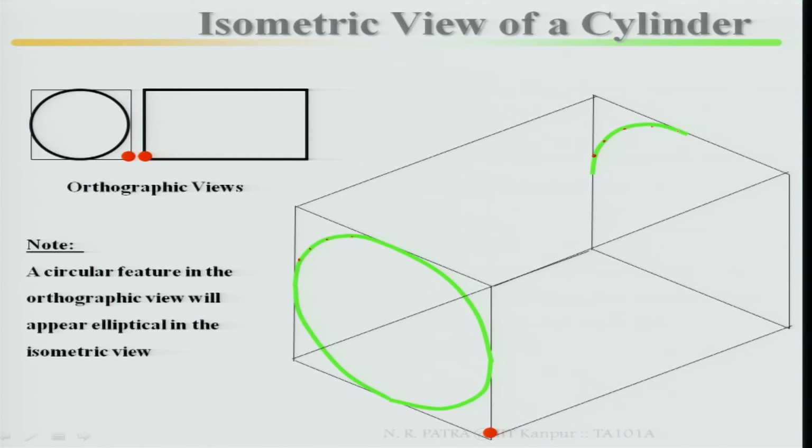Then similarly you can take this quarter, this quarter, this quarter, this quarter. Four arcs are required. This way it has been drawn. Or you can do it in the depth direction, again draw it by means of the four-center method.